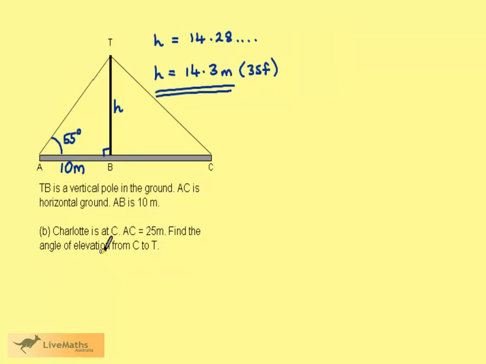We're now told that Charlotte is at C, which is this point here. AC is 25 meters, so this entire distance is 25 meters, and since this is 10 meters, it follows that BC is 15 meters.